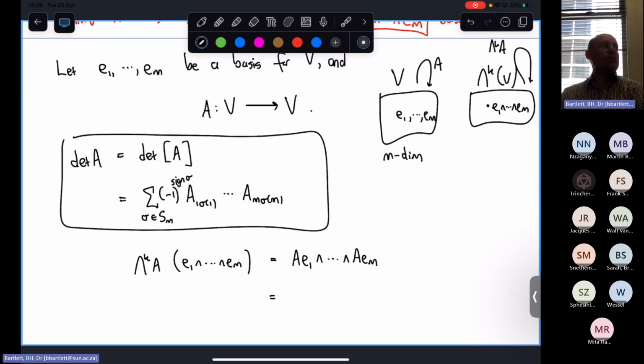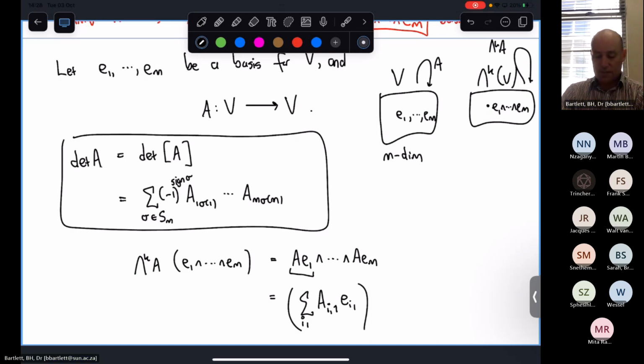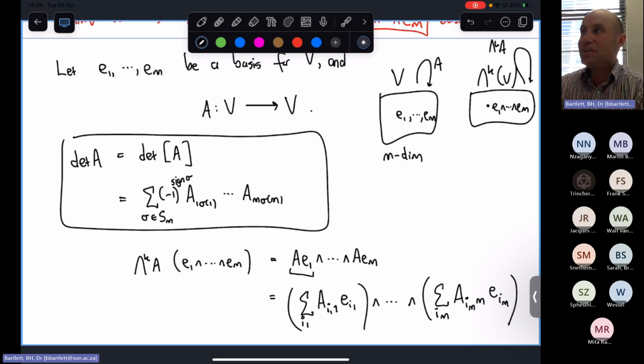Now, I've got to insert the definition of how A acts as a matrix on this basis. So that would be, for example, this here would be the sum, let's write it as sum over I1. Have I made a mistake so far?